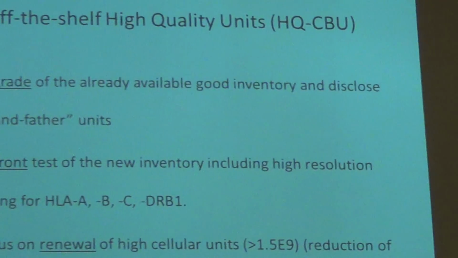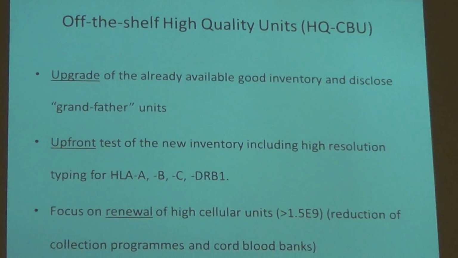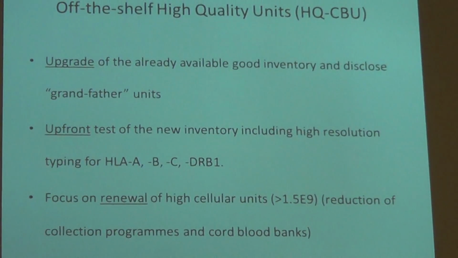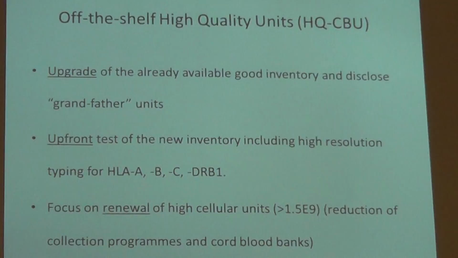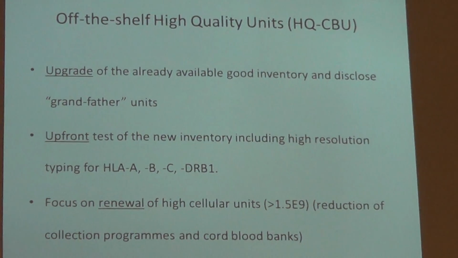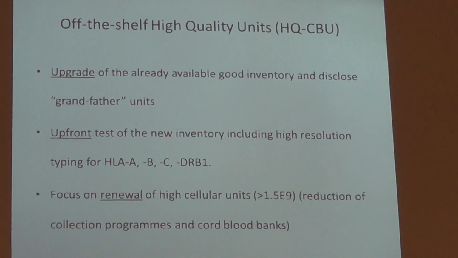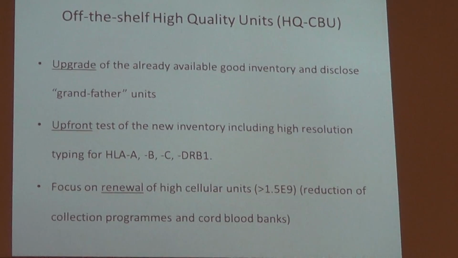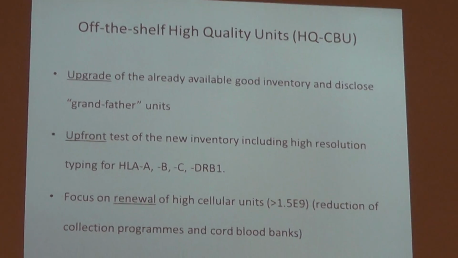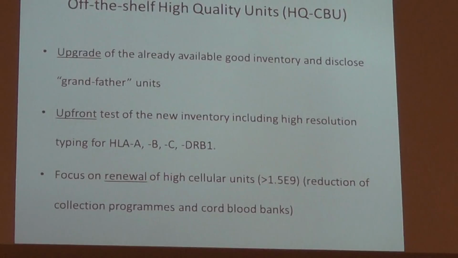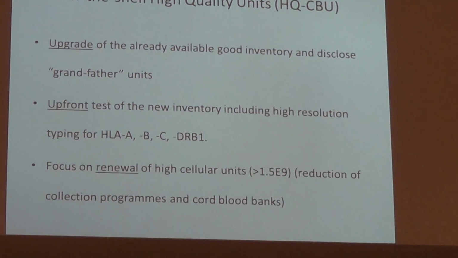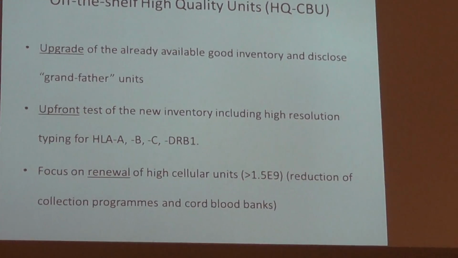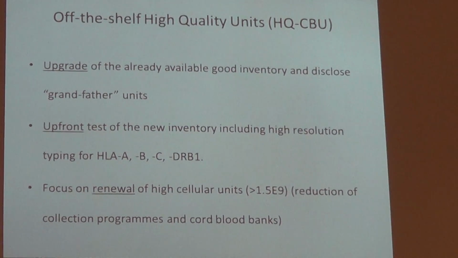The other thing that we are trying to review is the concept of the shelf. Nobody is taking time into account between the identification of a cord donor and the actual transplant, because many cord banks need to do extended typing, need to do quality controls, need to verify cells, and all this takes time.